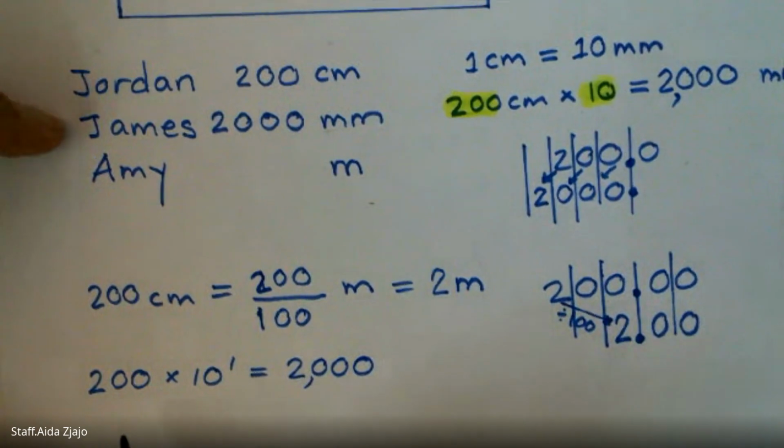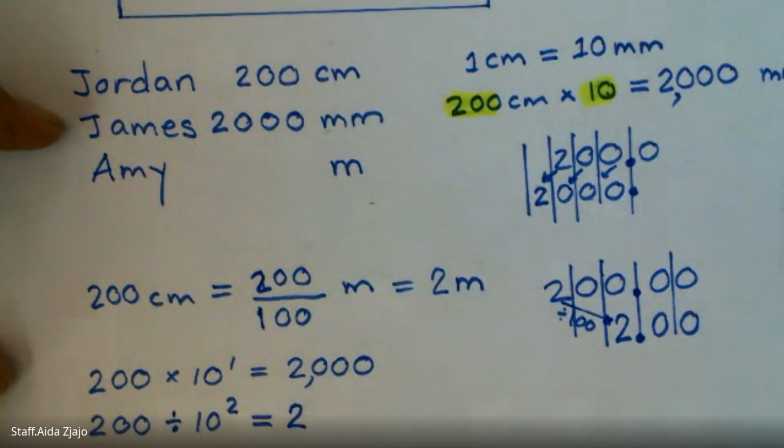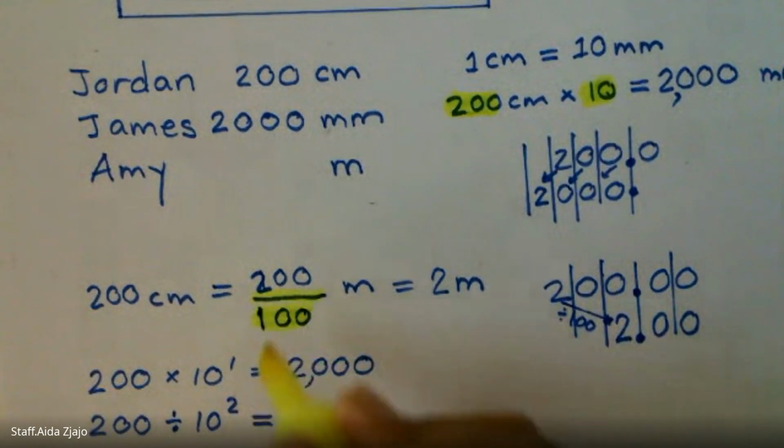Okay, or we can also do 200 divided by 10 to the power of 2, which makes the answer 2. So that's what this is, the dividing with the 100.